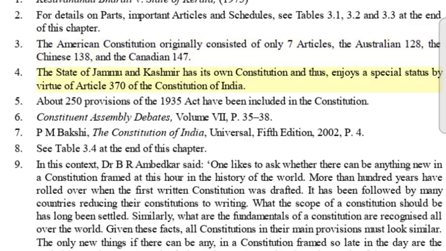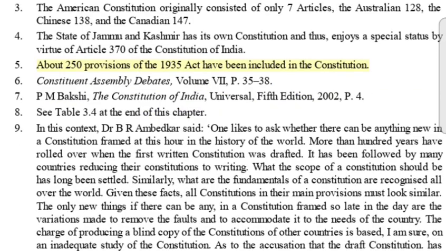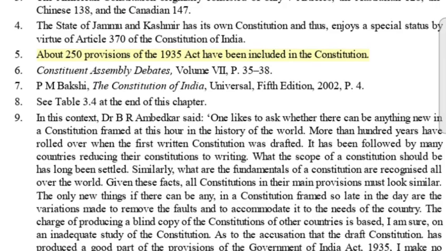The state of Jammu and Kashmir has its own constitution and thus enjoys a special status by virtue of Article 370 of the Constitution of India. About 250 provisions of the 1935 Act have been included in the Constitution.